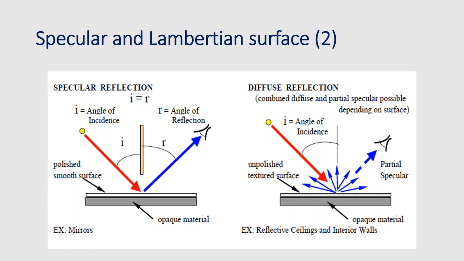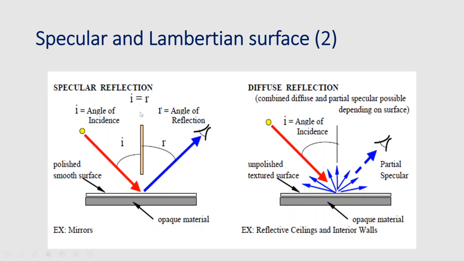If the surface is specular, the reflection will be in another position with respect to the actual position of the sensor, because the sensor is perpendicular to the surface.